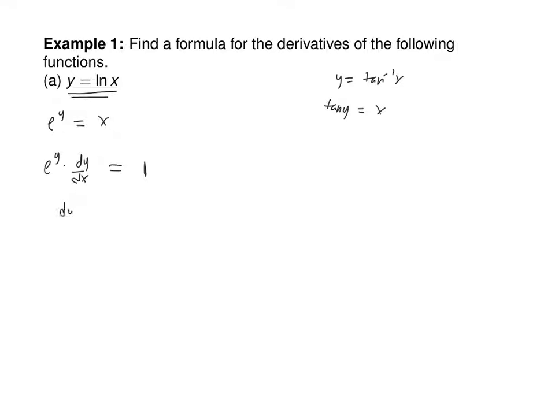So then dy/dx is 1 over e to the y, which is 1 over x. Yep. So if I ask, what's the derivative of natural log of x? Its derivative is 1 over x. And it's the same trick as the previous ones.